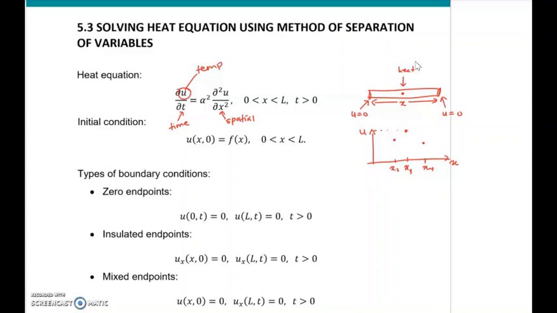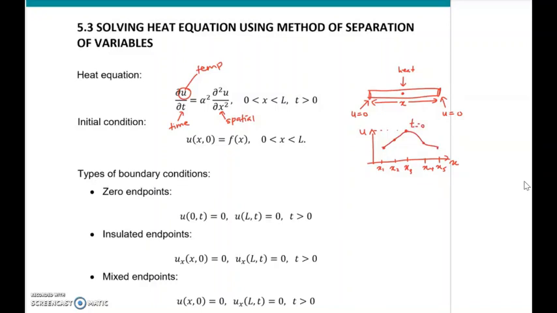And x1 should be lower because the heat is at the middle. If we have x5 somewhere here, we might have a value like that. So this is when t equals 0.